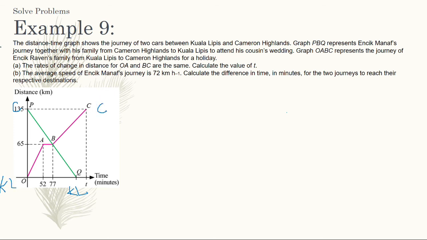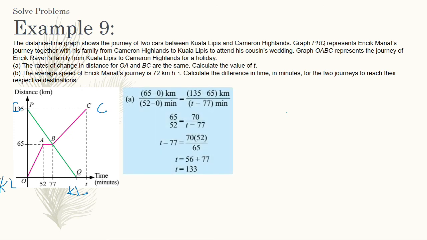Okay. Now they ask you to find the rates of change in the distance of OA and BC. Oh, sorry. They give you that the rates of change in the distance for OA and BC are the same. O to A, B to C are the same. Calculate the value of T. So in order for you to do that, we know that the rate is distance over time, right? So you just make an equation like this. 65 minus 0 over 52 minus 0 is equal to 135 minus 65 over T minus 77.